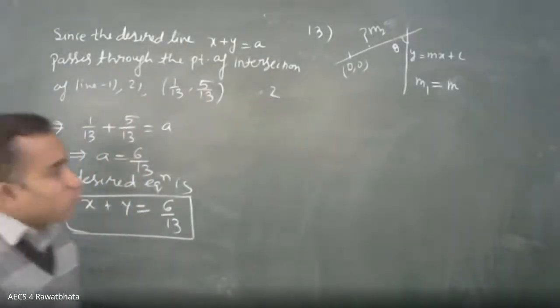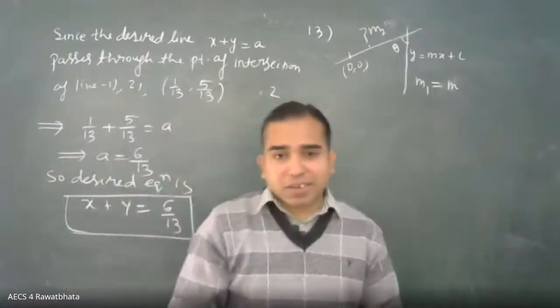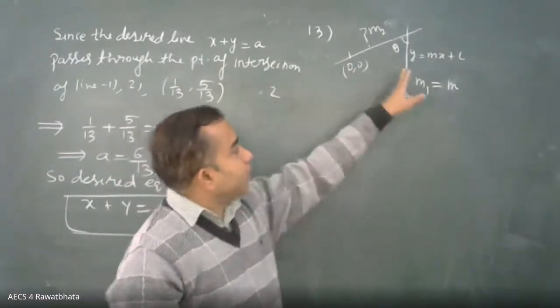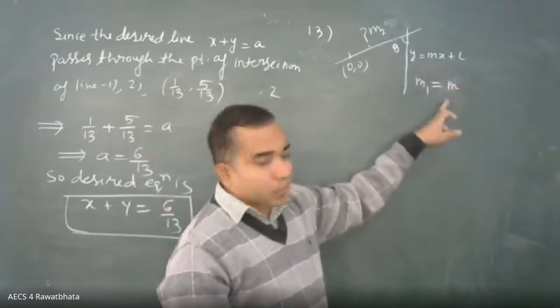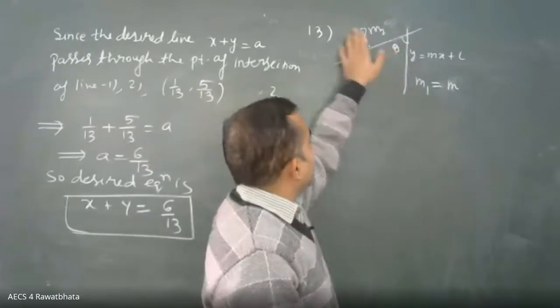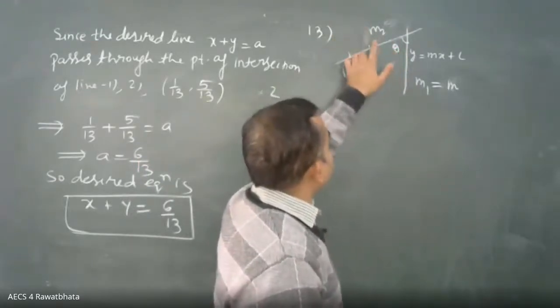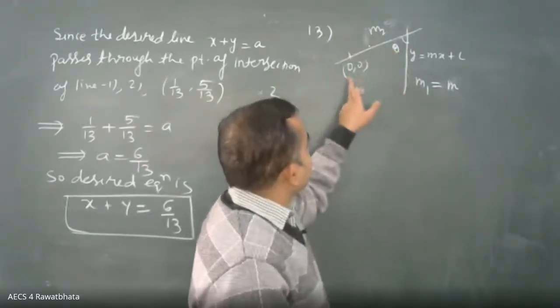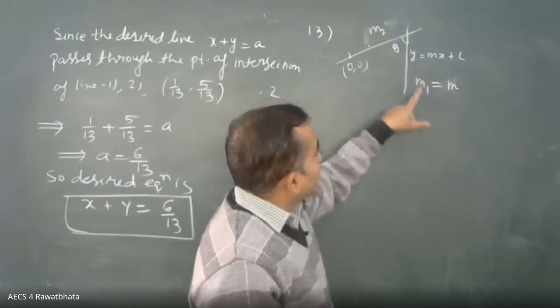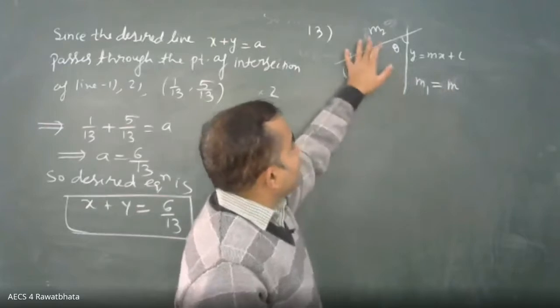Quite similar to the question we have done just 2-3 questions earlier, where two lines are given. The equation of one line I know, and its slope is m, so it's m1 is m. For the other line, I know that it is passing through 0 0 and makes an angle of theta with the other line, but its slope I don't know.